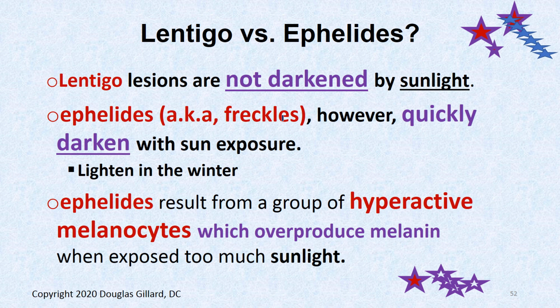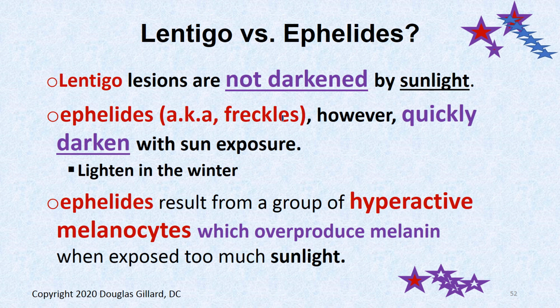Ephelides versus Lentigo, or Freckles versus Lentigo. What's the difference between these types of lesions? So freckles are really common, no big deal. Lentigo lesions are not darkened by the sun. So when you look at Grandpa in the winter, he's got those dark lesions, those old age spots on the back of his hands.